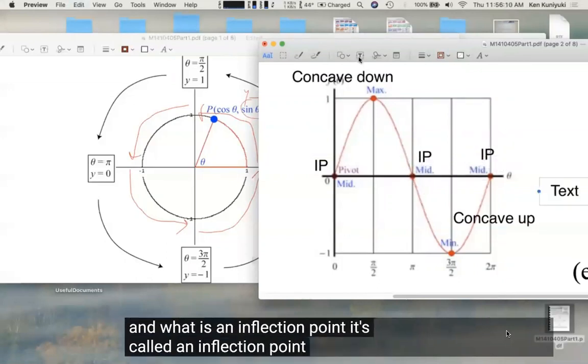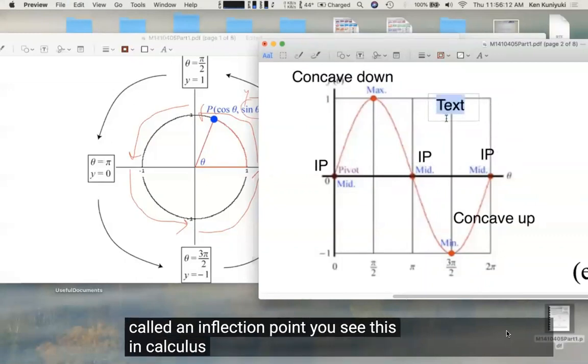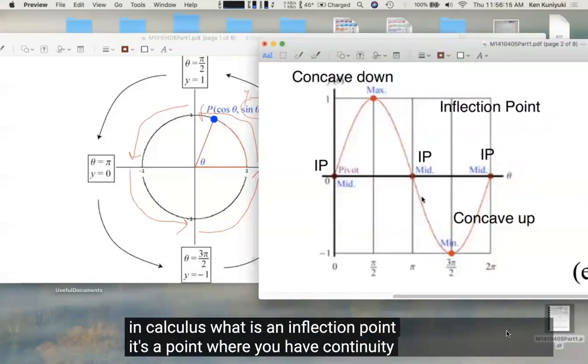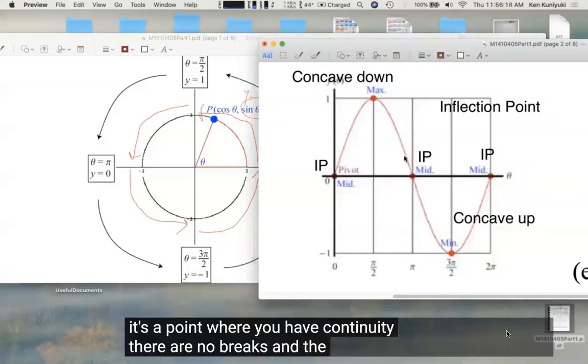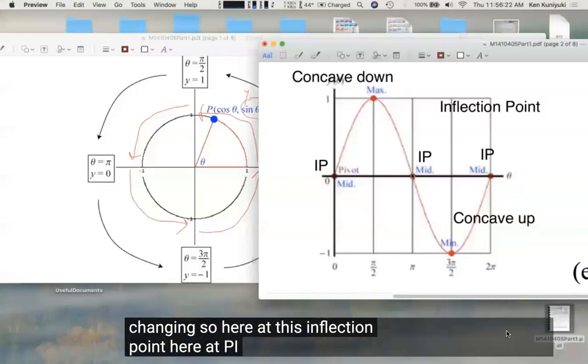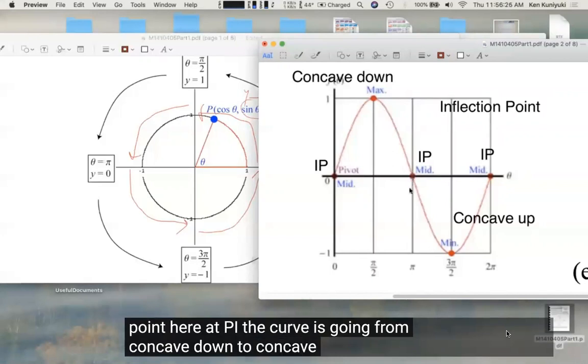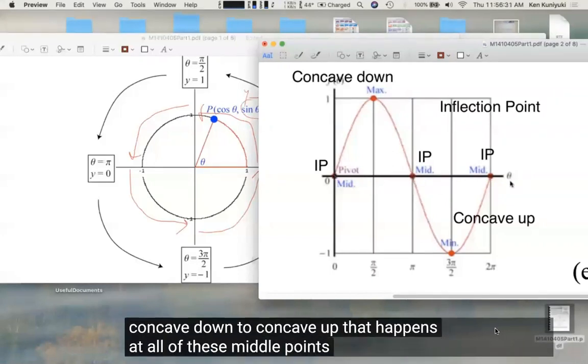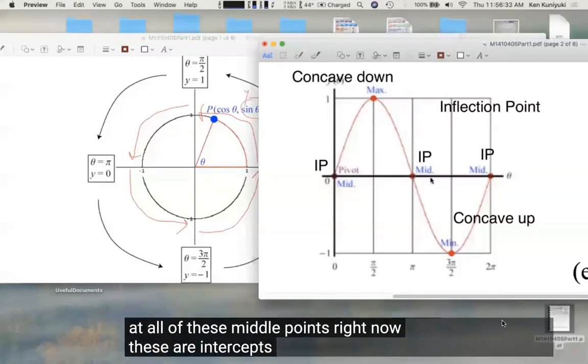And what is an inflection point? It's called an inflection point. You see this in calculus. What is an inflection point? It's a point where you have continuity, there are no breaks, and the concavity is changing. So here at this inflection point here at pi, the curve is going from concave down to concave up. That happens at all of these middle points. Right now, these are intercepts.